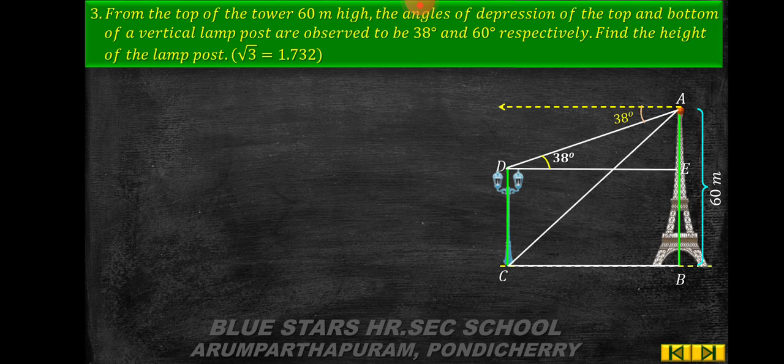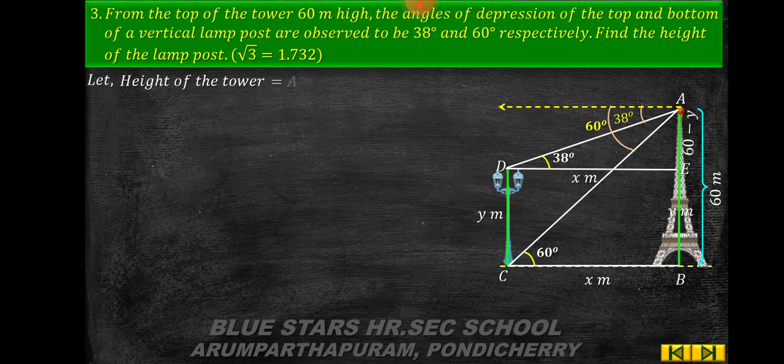Then the top of the tower to the bottom of the lamp post, that angle is 60 degree. Then the distance between the tower and the lamp post we don't know, so let it be x. Then you have to find the height of the lamp post, so that also we don't know, which is equal to y meter.